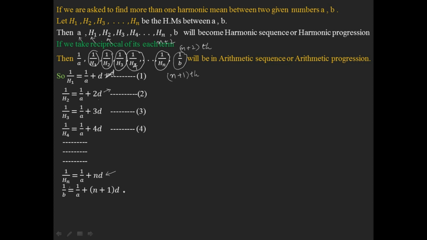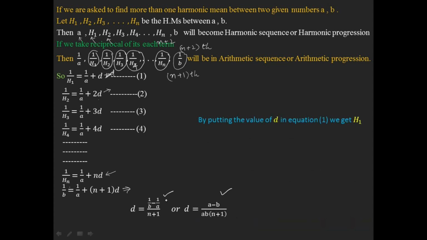And from this we obtain the formula for finding d: d is equal to (1 over b minus 1 over a) divided by (n plus 1), or d is equal to (a minus b) divided by ab, divided by (n plus 1). By simplification of this formula, we get this one. We will use either this formula or this formula depending on feasibility.